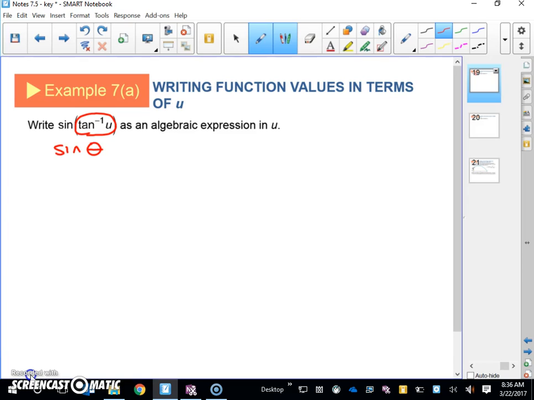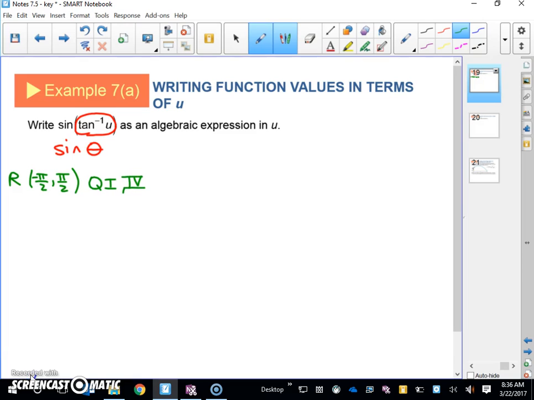We're going to have sine theta at some point. But what I want to do is draw a picture of that angle. Draw a picture of angle theta. Now, the thing that's tricky about this is we know that the range of inverse tangent is from negative pi over 2 to positive pi over 2, which puts us in either quadrant 1 or 4.